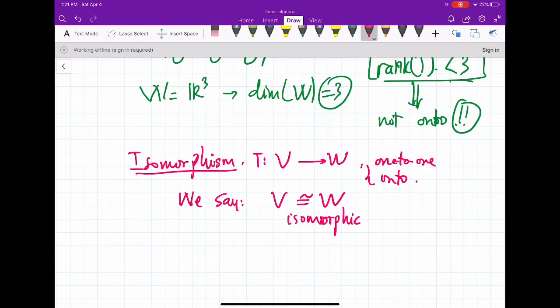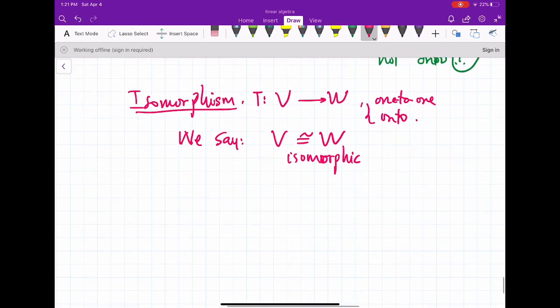We already learned some spaces like this. For example, R3 is isomorphic to the space P2, the space of all polynomials with degree less than or equal to 2.